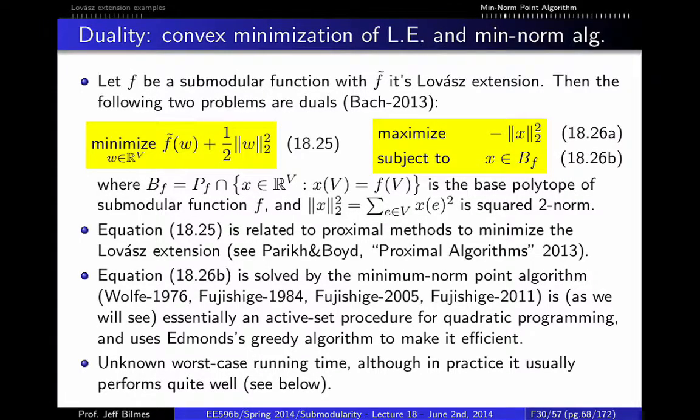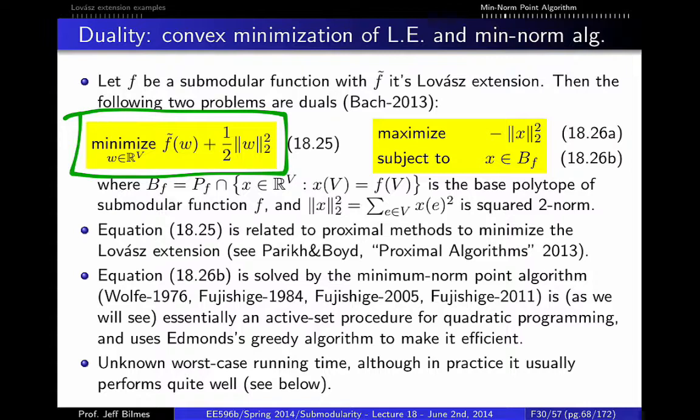There's an alternative proof that some of you well-versed in convex duality might prefer. It says that the right-hand side, which is the maximum of the negative of the squared 2 norm subject to x being in the base polytope, is the convex dual of this convex optimization primal problem.